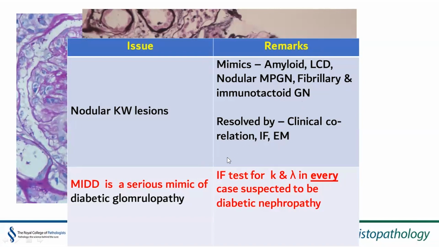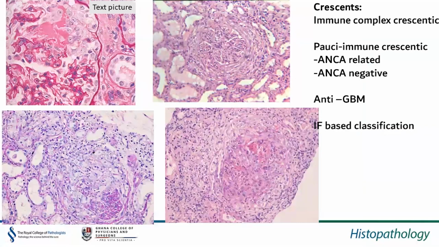And MIDD, monoclonal immunoglobulin deposition disease, in fact, is a serious mimic of diabetic glomerulopathy. So immunofluorescence testing for kappa and lambda light chains is a must in every case of diabetic nephropathy in order to avoid missing the diagnosis.